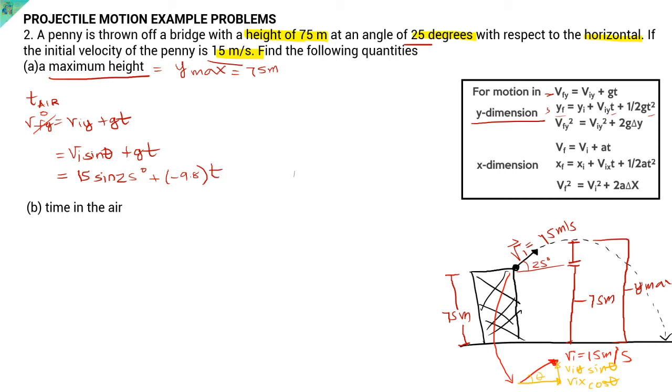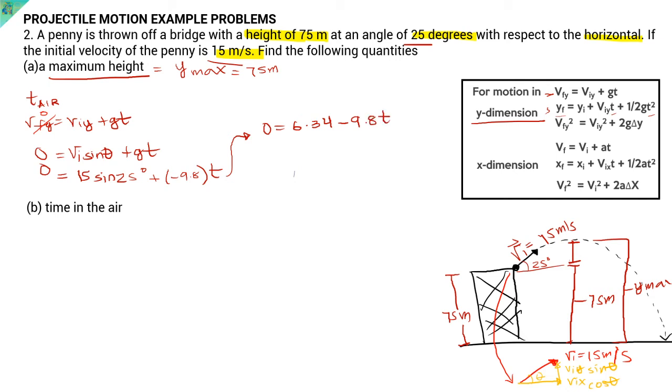Okay, so let's continue here. 15 sine 25 degrees, let me compute that. Sine 25 gives 6.339, that's 6.34. So 0 equals 6.34 plus negative 9.8t.